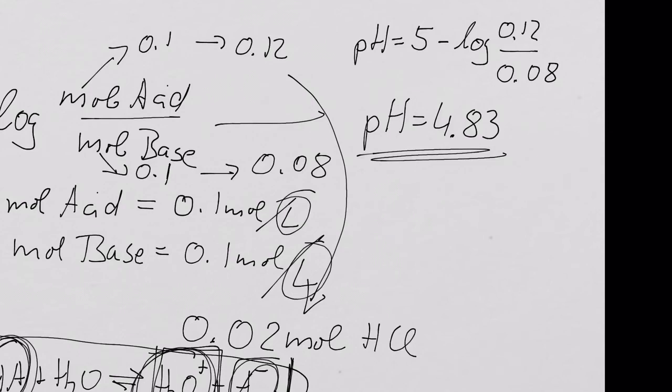Who gives a damn? Well, actually, I do, because let's just simply calculate what would happen if we add 0.02 mole of a strong acid, HCl, in 1 liter.